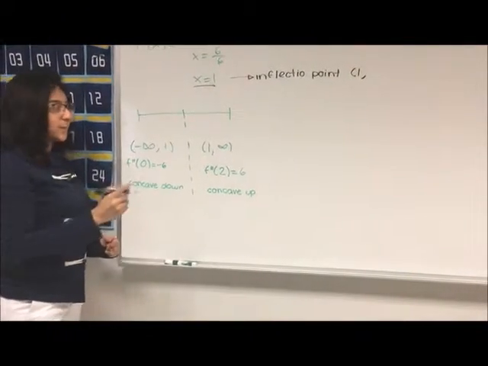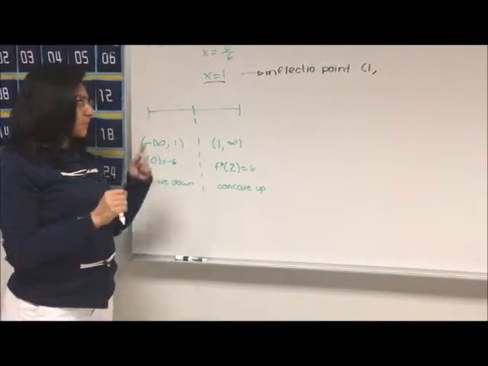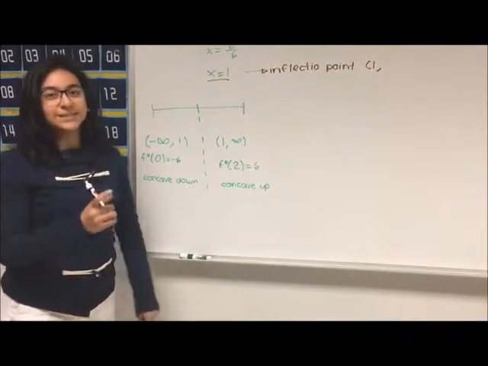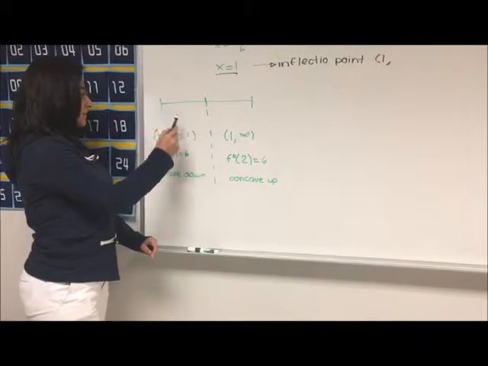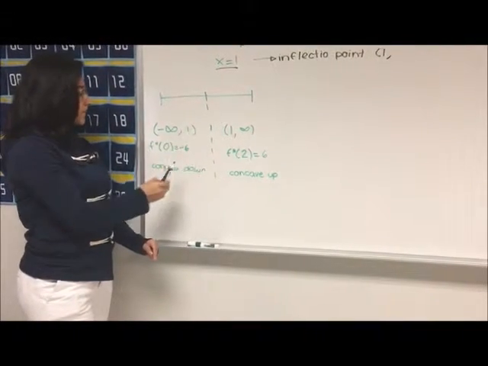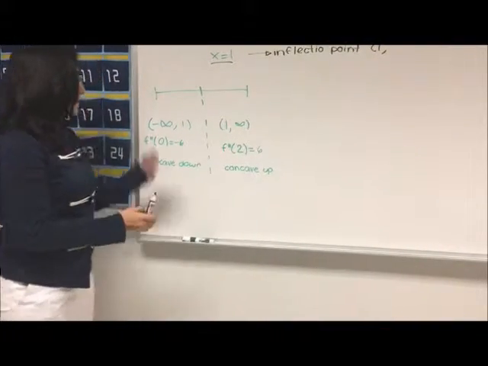And with it, we're going to find the intervals of concavity, which is going to tell us if it's concave up or if it is concave down. Here we have this interval, which is minus infinity to 1, and this interval, which is 1 to infinity.